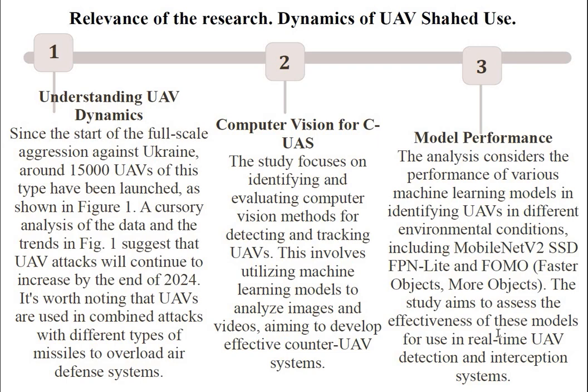It's worth noting that these vehicles are used in combined attacks with different types of missiles to overload air defense systems. So it's very important to have a very cheap, very reliable system that can be used as a countermeasure for this type of aircraft.